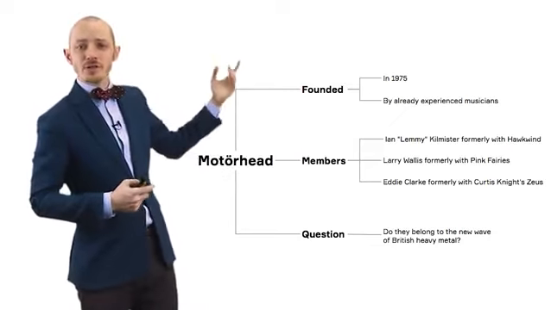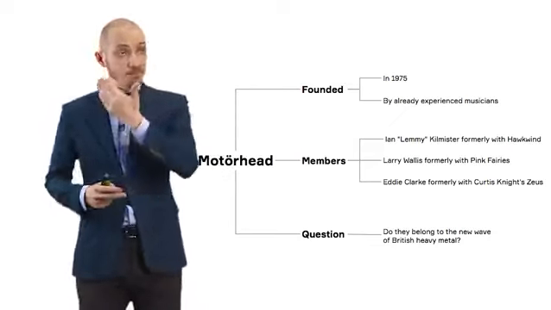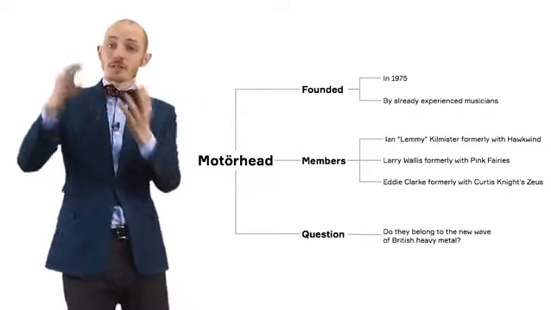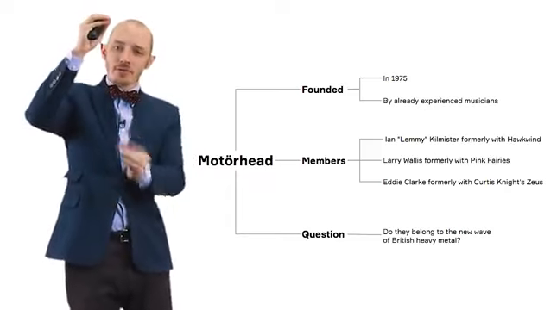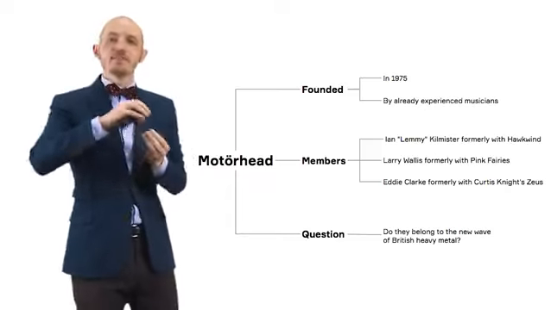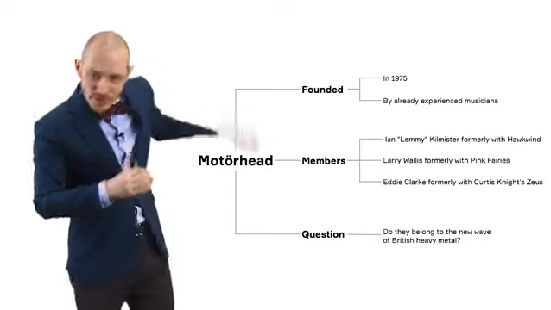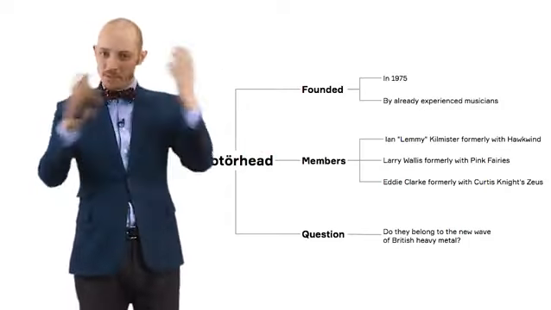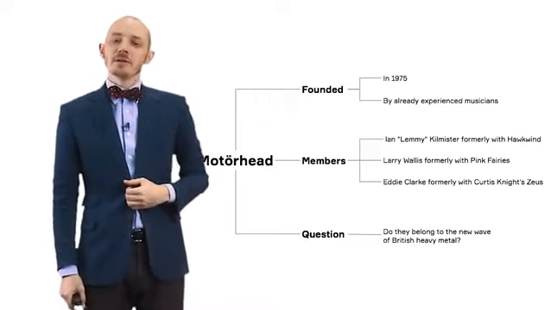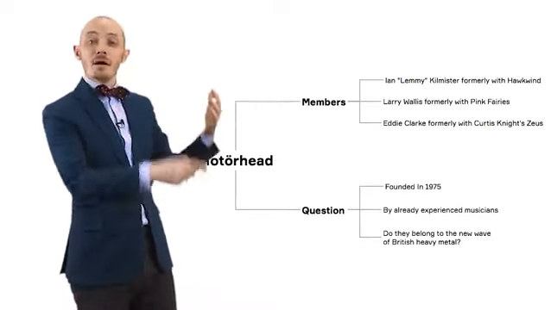The rest of the information, founders and the question, maybe they're of secondary importance. Maybe we can combine thing number 1 and thing number 3, question and founders, together and put them somewhere down below and lift members up and build the whole slide around members.